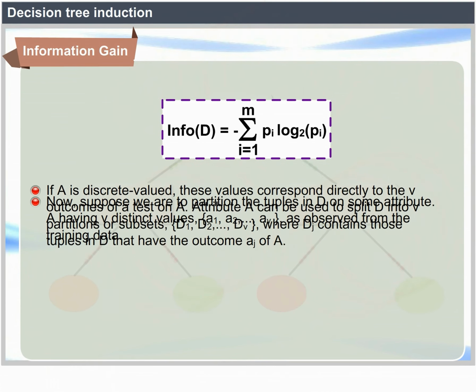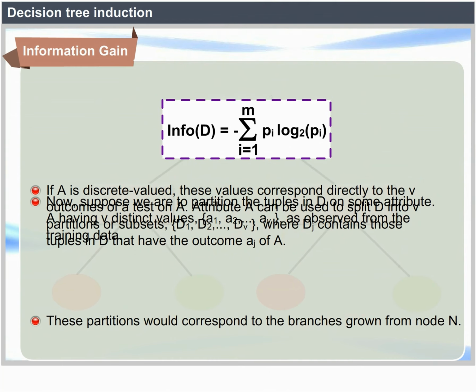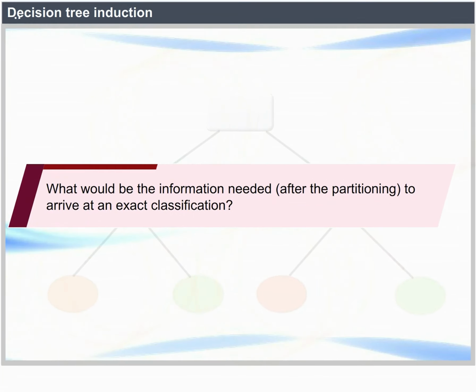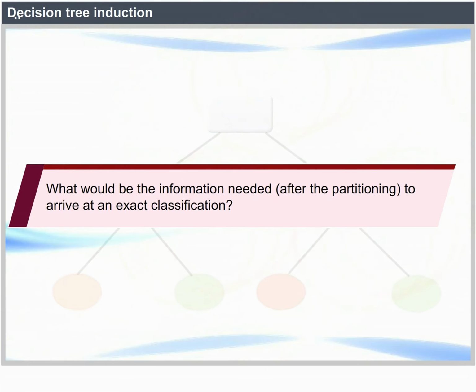If A is discrete valued, these values correspond directly to the v outcomes of a test on A. Attribute A can be used to split D into v partitions or subsets, D1, D2, going on up to Dv, where Dj contains those tuples in D that have outcome aj of A. These partitions would correspond to the branches grown from node N. How much more information would we still need after the partitioning to arrive at an exact classification?